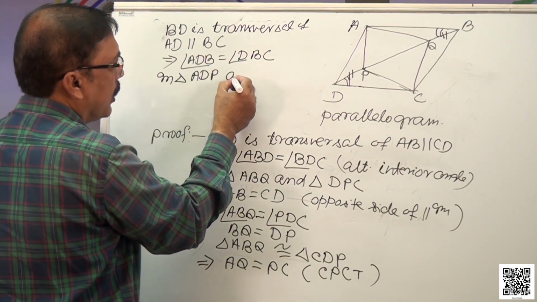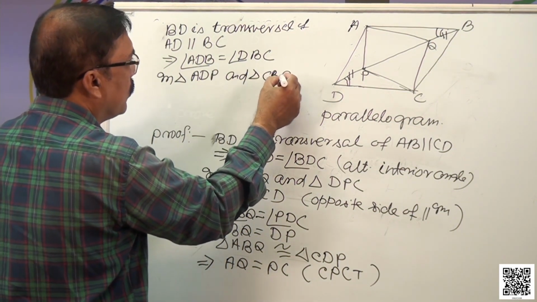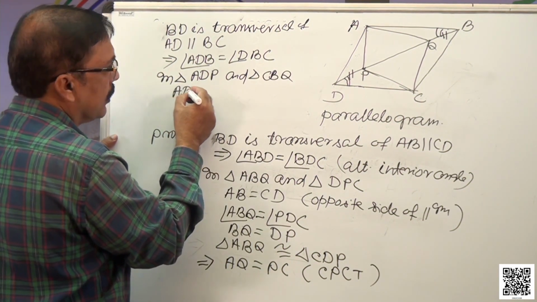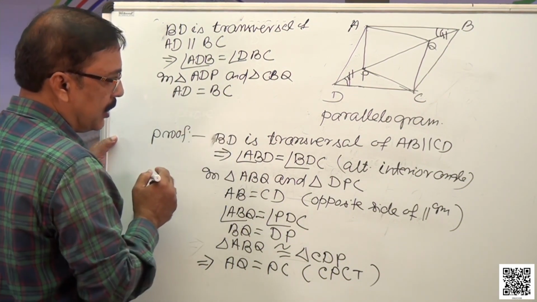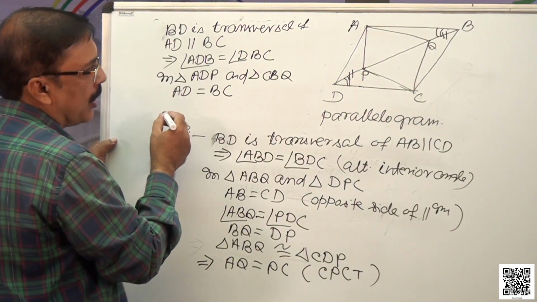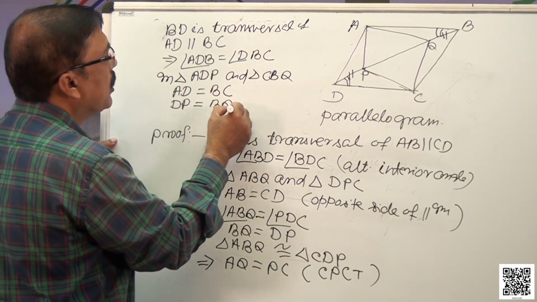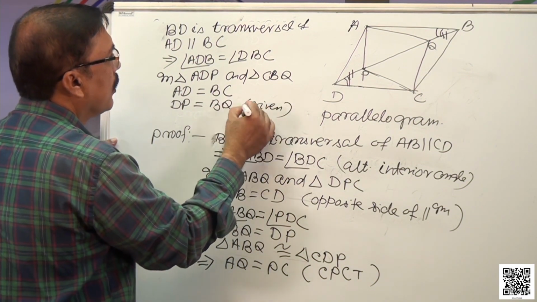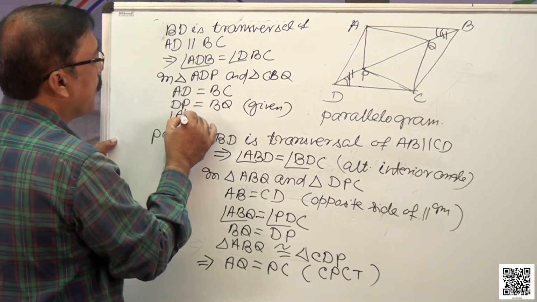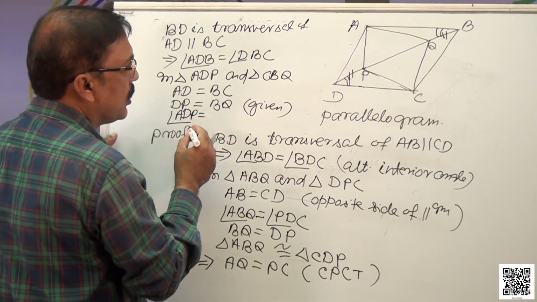Now in triangle ADP and triangle CBQ, we have AD is equal to BC, that is again opposite sides of the parallelogram. Then DP is equal to BQ as it is given, and the angle ADP is equal to angle QBC.